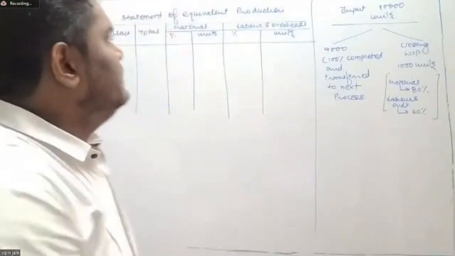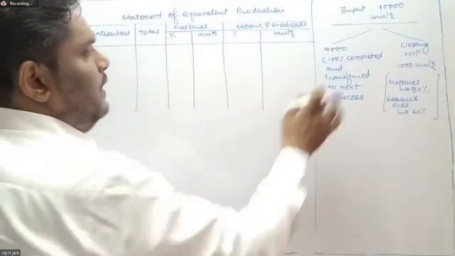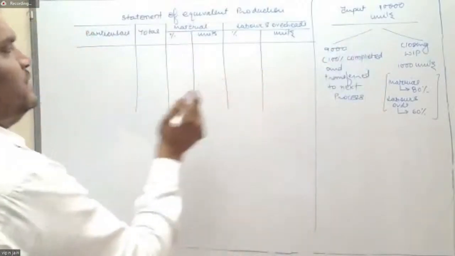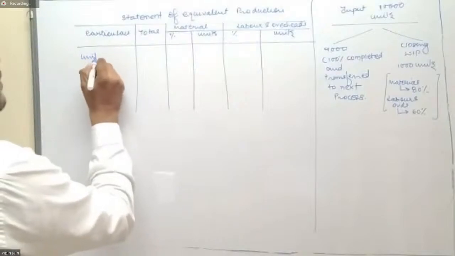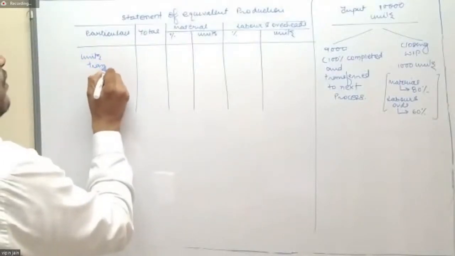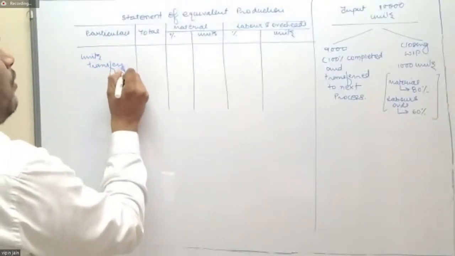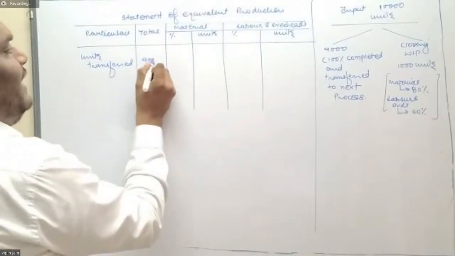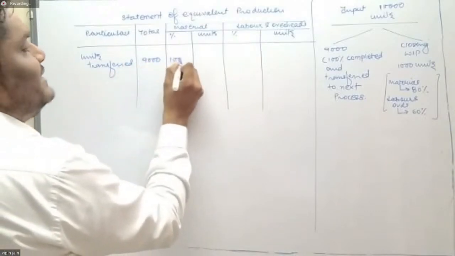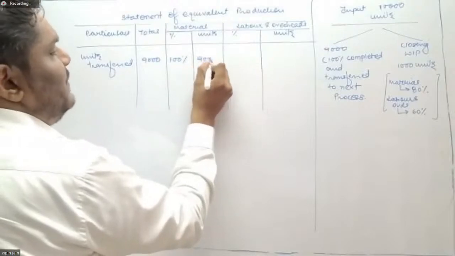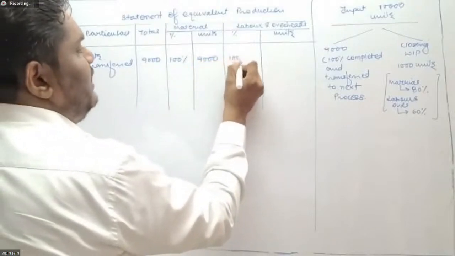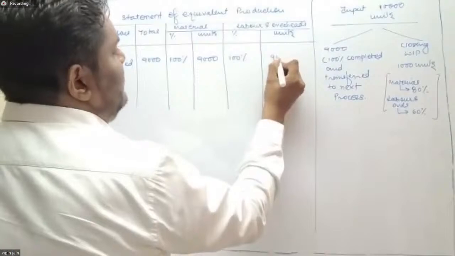So now guys, let's talk about units transferred. That is total 9,000 units. These are 100% completed in respect of material and 100% completed in respect of labor and overheads.